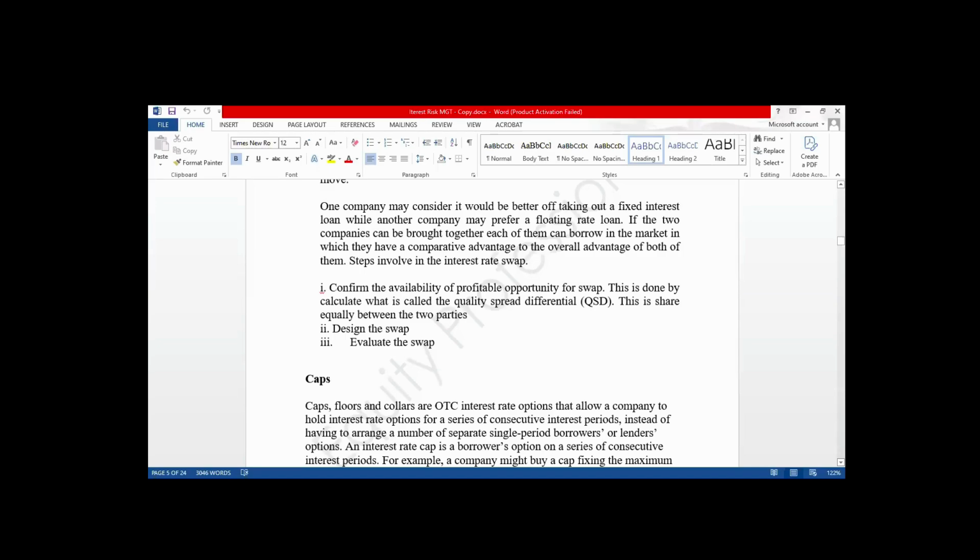This is done by calculating quality spread differential. We shall demonstrate that tonight by God's mercy.